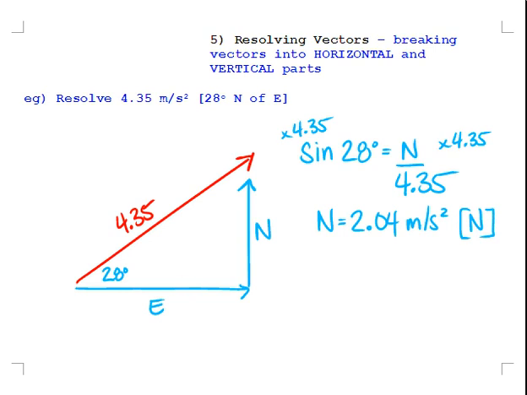Now to solve for east, I'll switch colors here. The trig ratio we want, probably a cosine. So cosine of 28 is your adjacent side, which is east, over 4.35. Multiply both sides by 4.35. Cancel on that side, times 4.35.